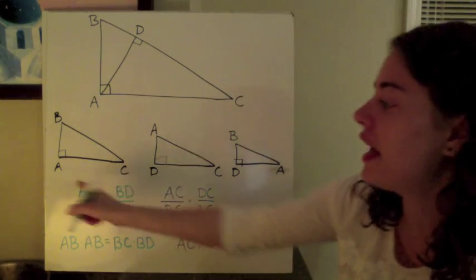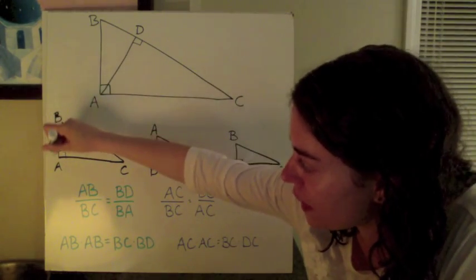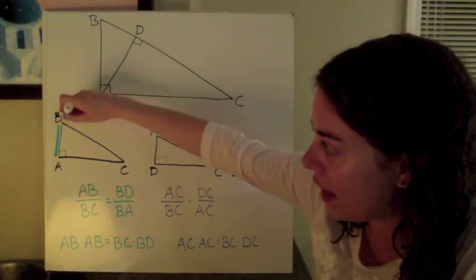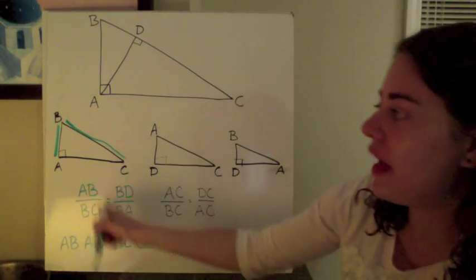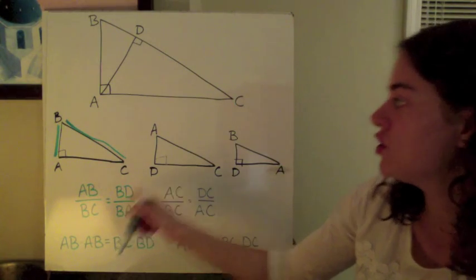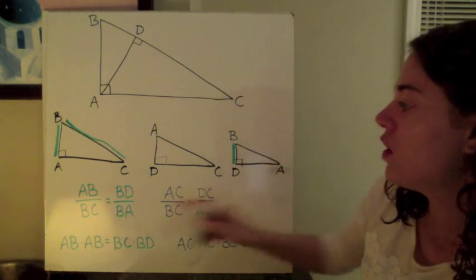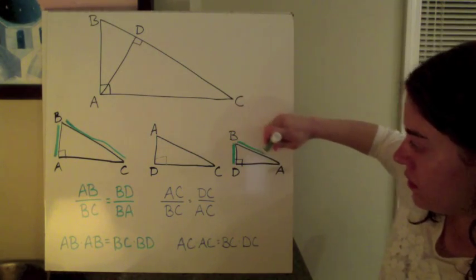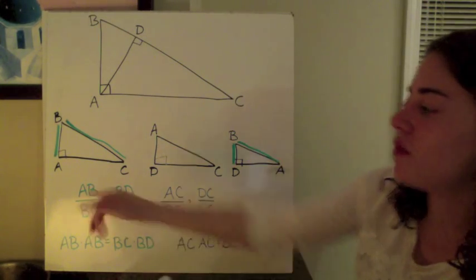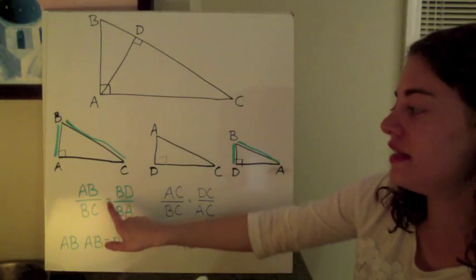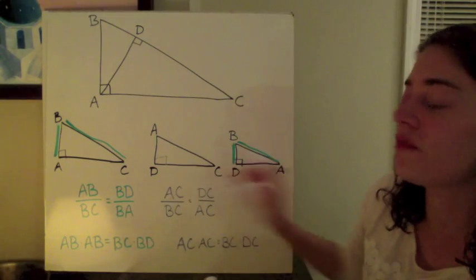So here I've done AB, this side here, over BC, the hypotenuse, and that proportion needs to be equal to BD, if I look to my smallest triangle, over BA. So, smallest side over hypotenuse of my biggest triangle is equal to smallest side over hypotenuse of my smallest triangle.